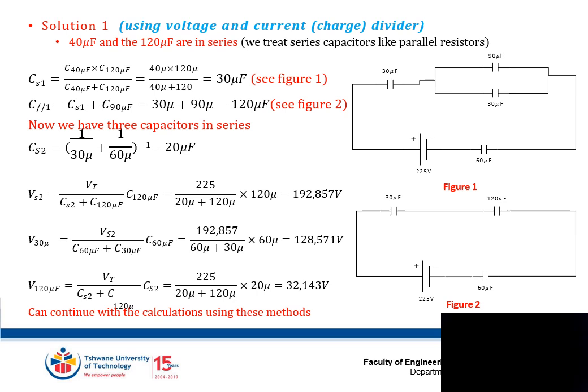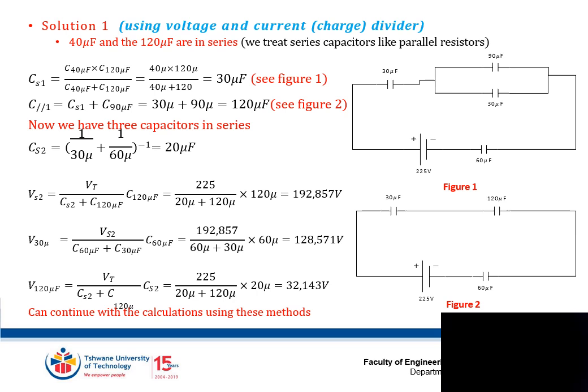Then if you want to calculate the voltage for the 120 in figure 2, it will be the total voltage 225 divided by 20 plus 120 times 20. It gives you 32.143.